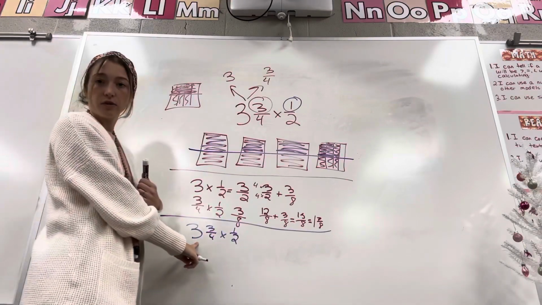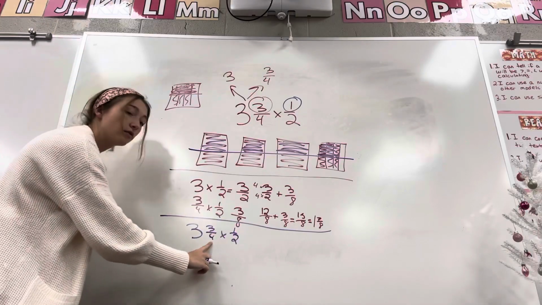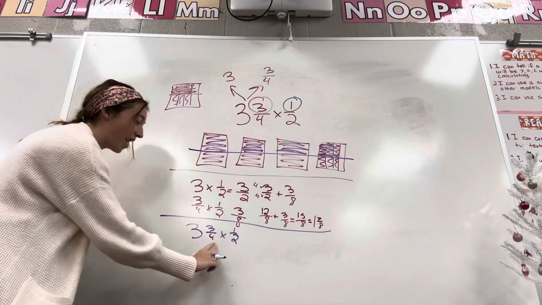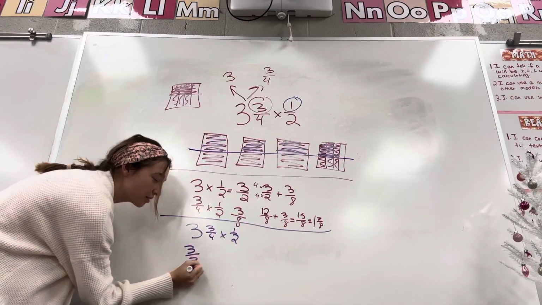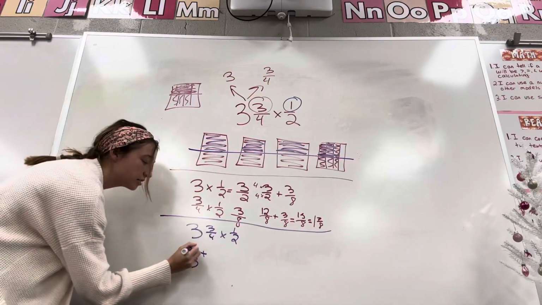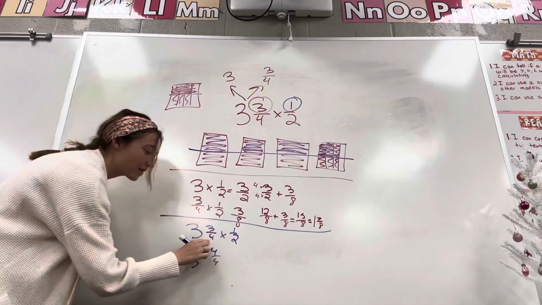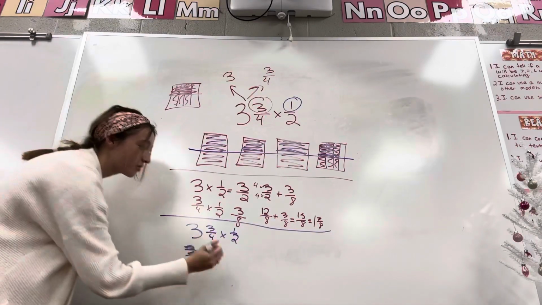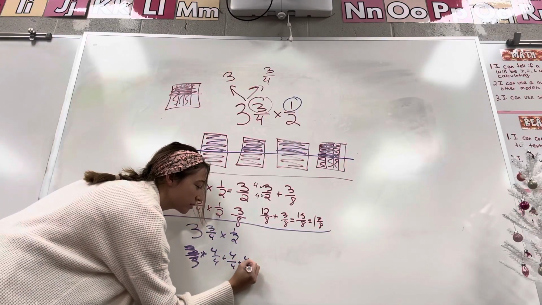How many wholes do I have? I have 3. And what makes a whole? 4. So I've got 4 fourths, because that's what this is. I've got 3 of them. Plus 4 fourths, plus 4 fourths.